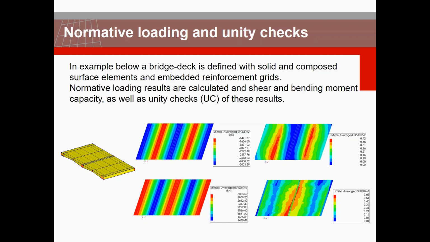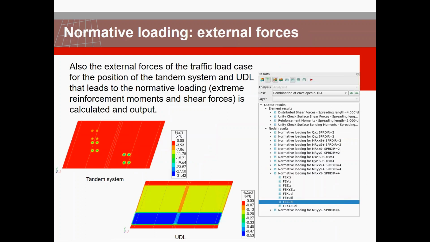The last feature of design I want to show you is the external forces output results in combination with the normative loading. Because normative loading automatically calculates all load combination envelopes and so on. But which load combination and which position of the tandem system causes these extreme values? So these results can be visualized with these external forces.